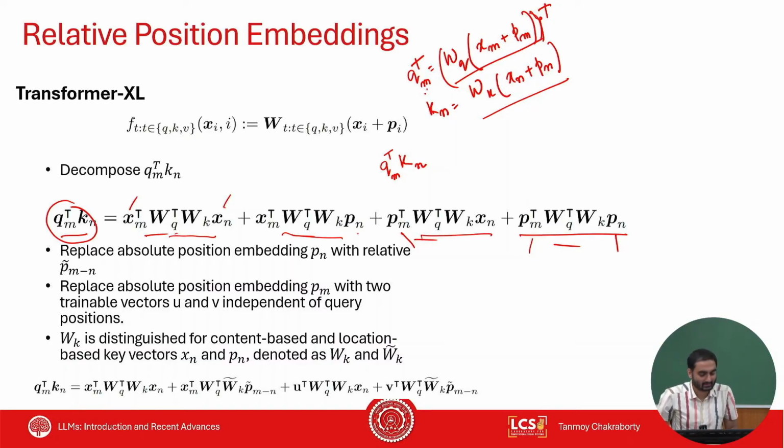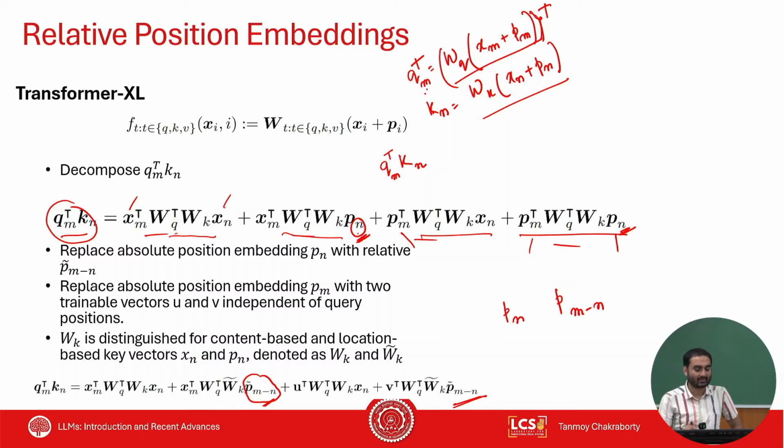So what they suggested is that this p_n, which is the position of the key and value, let's replace it by a relative position encoding. So I'm replacing p_n by p_{m−n}, and this I will learn. So whenever you see p_n, it is replaced by p_{m−n}.